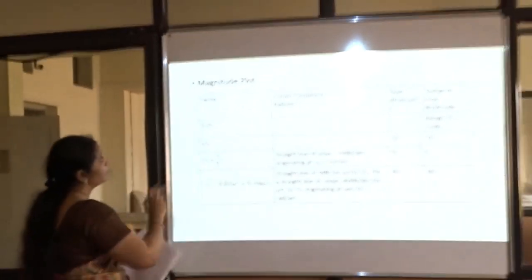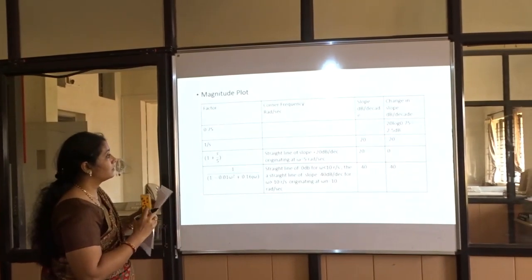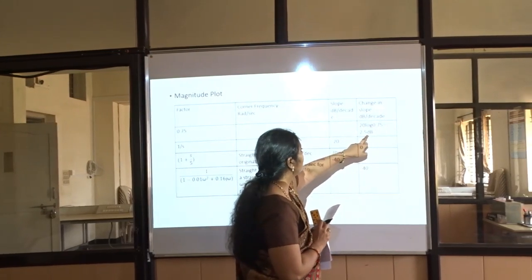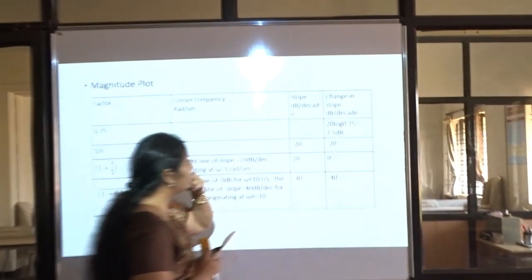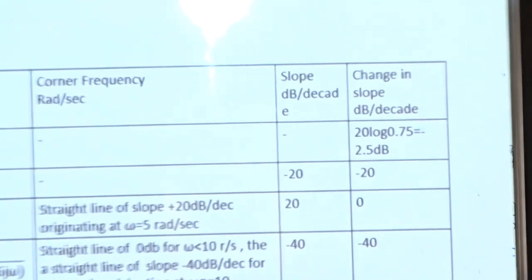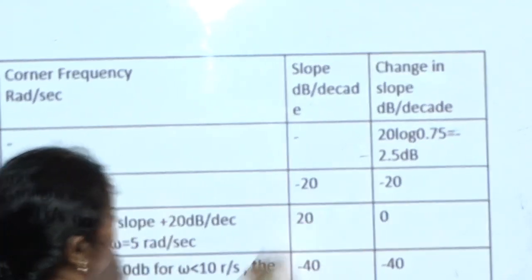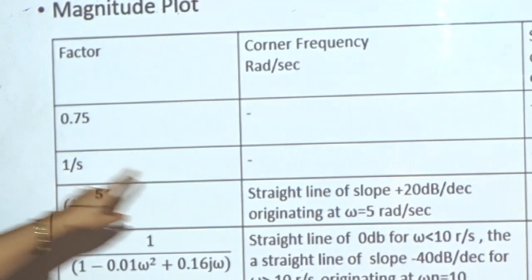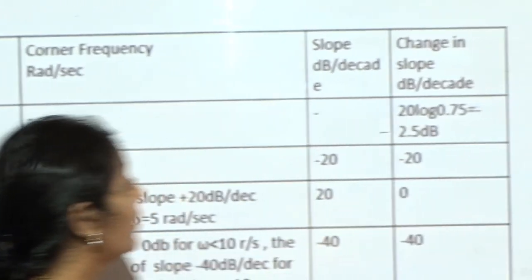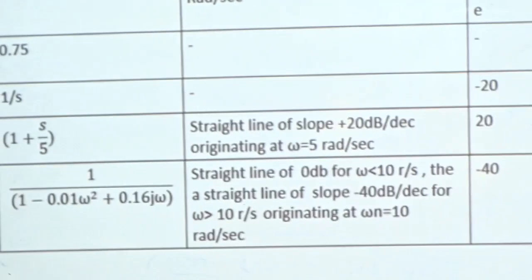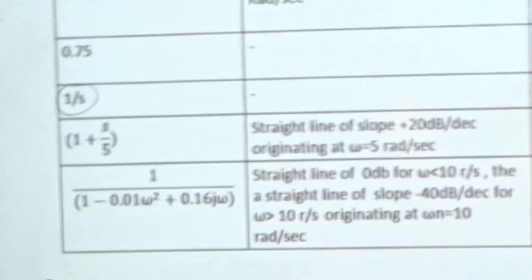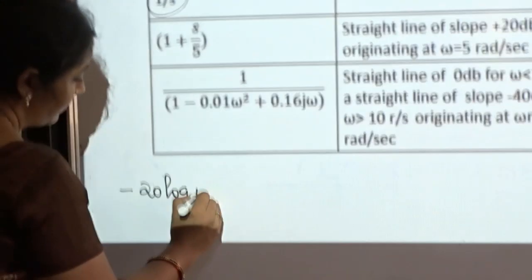Now this is the magnitude plot table. For 0.75, the magnitude is minus 2.5 dB. Then for 1 by s you have minus 20 log omega.